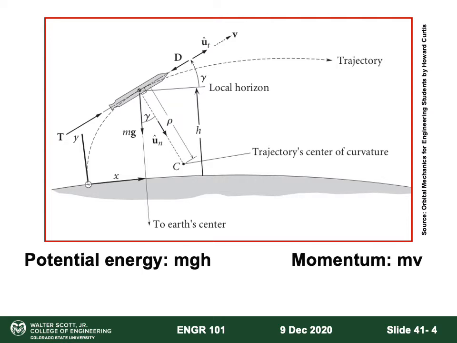And I want to help you understand that if you look at momentum and changes of momentum, the integral of the change of momentum multiplied by the change in velocity is how we actually get to kinetic energy.